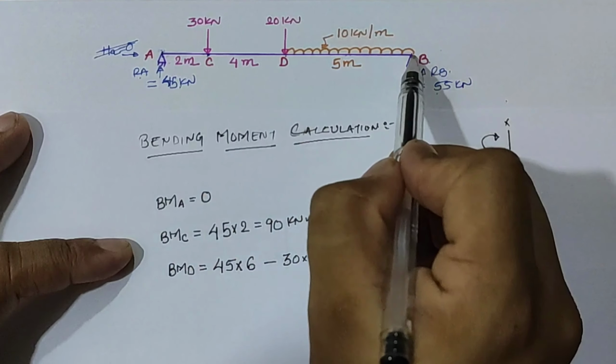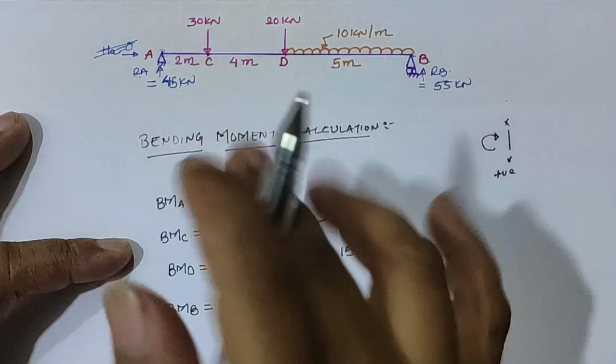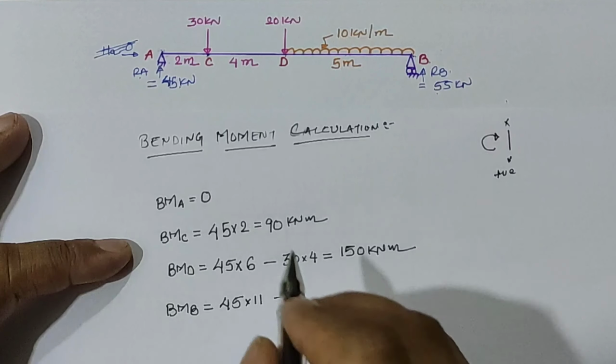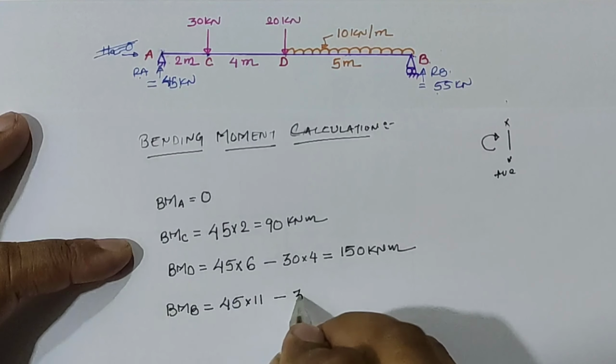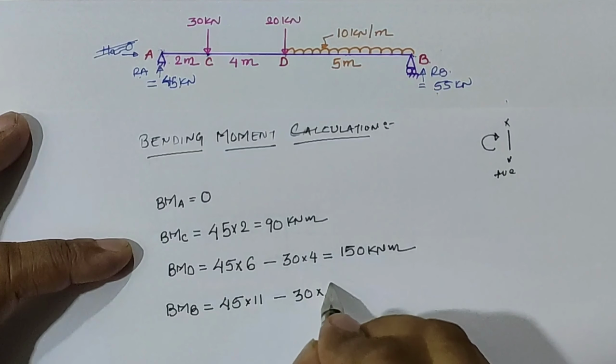Now exactly on point B, our value is 45 into total distance 11 in the clockwise direction, minus in the anticlockwise direction 30 into total distance 5 plus 4, which is 9.